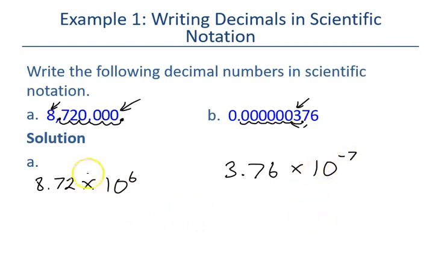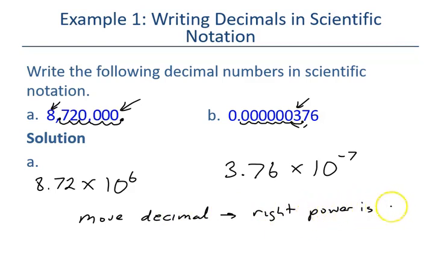Let's think of it this way: when we move the decimal to the right, the power is negative. When we move to the left, the power is positive. That's how we can think of these the whole way through.